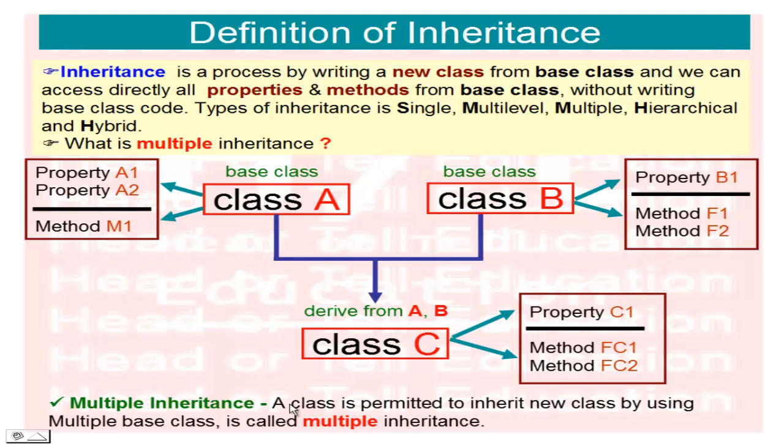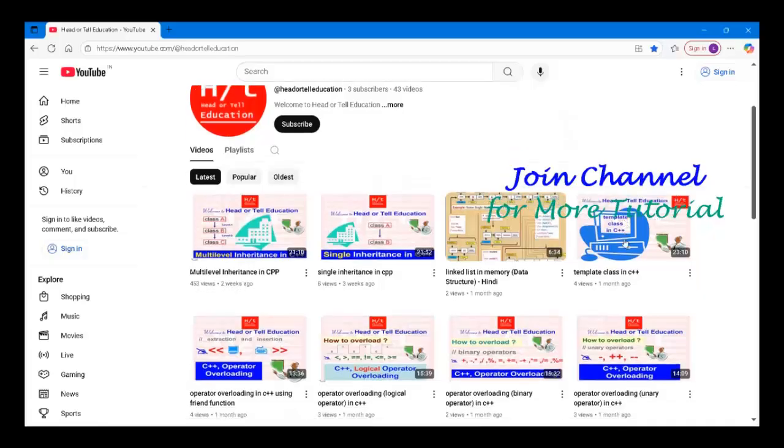So the definition of multiple inheritance is: a class is permitted to inherit from multiple base classes to create a new class, which is called multiple inheritance.